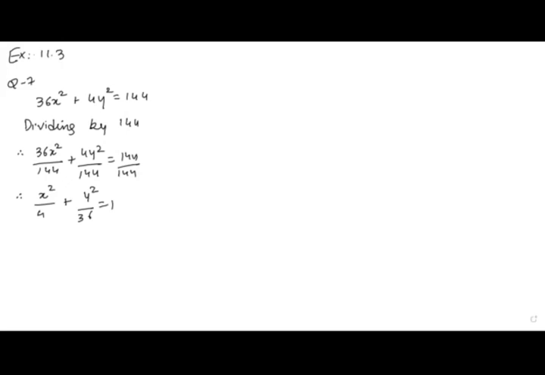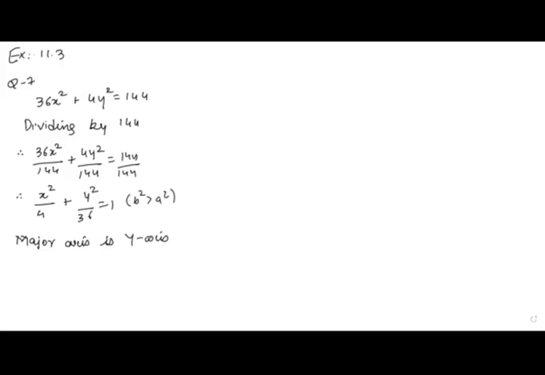Here you can see that the value of b square is greater than the value of a square. My major axis is y-axis. So we'll use the formula pertaining to the major axis as y-axis.